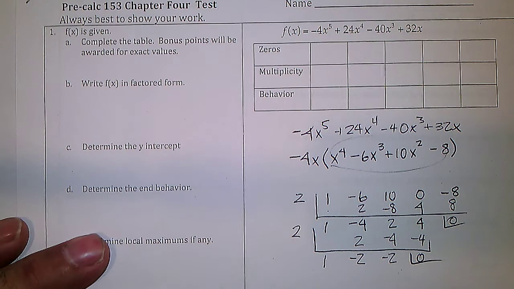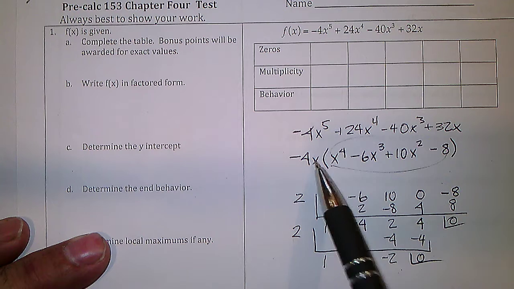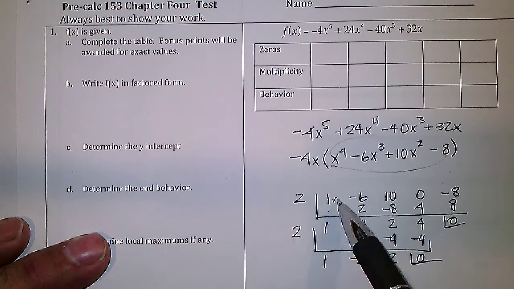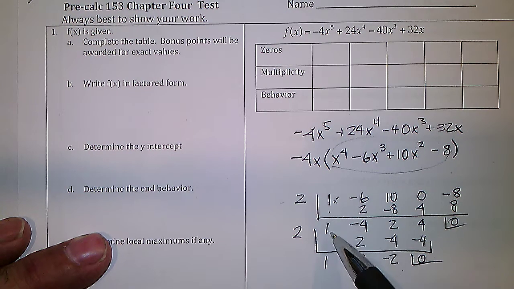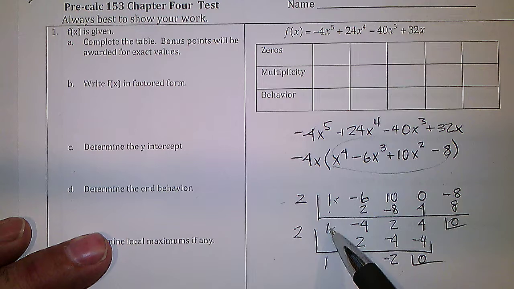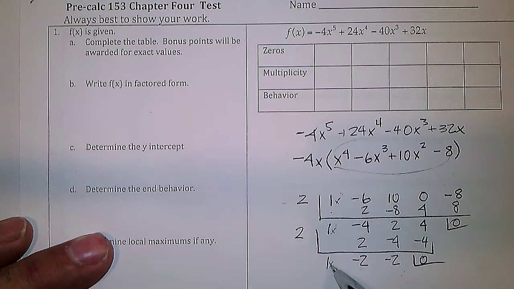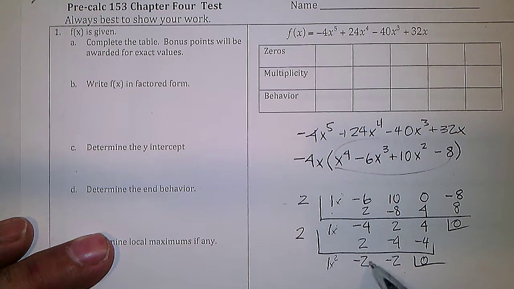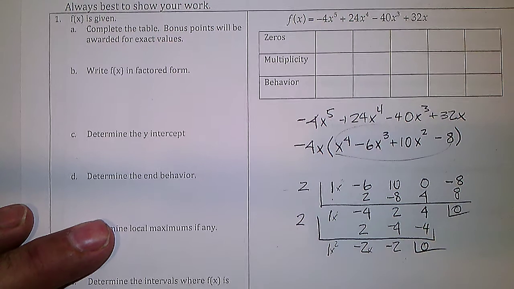And therefore, originally we started with x to the 5th, pulled out an x, and now it's x to the 4th, divided by x minus 2 twice, we got x squared minus 2x minus 2. That's a quadratic.